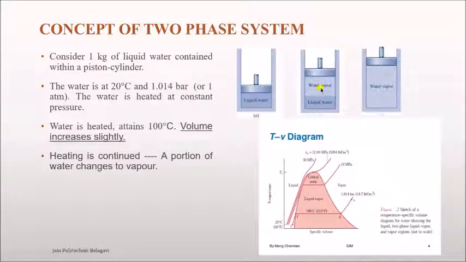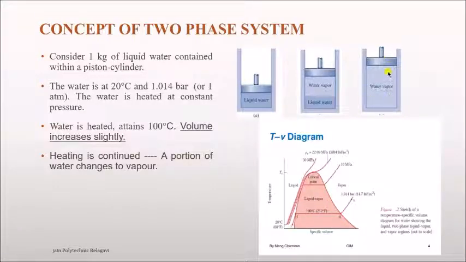Now if I continue heating, a portion of water changes to vapor, as we have seen, and when I heat the whole liquid further, the whole liquid is converted into water vapor. This can be seen using this diagram. From F, if I again start heating, the temperature remains constant, it doesn't change, but the specific volume goes on increasing.